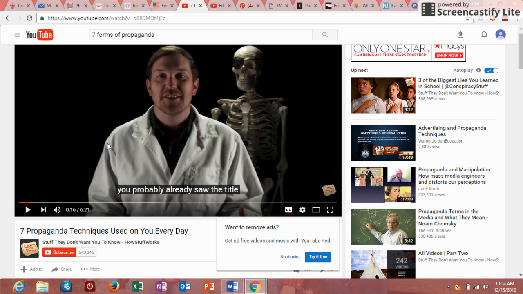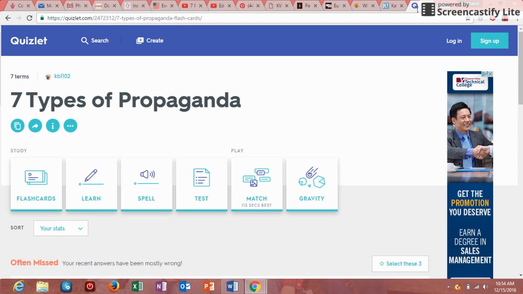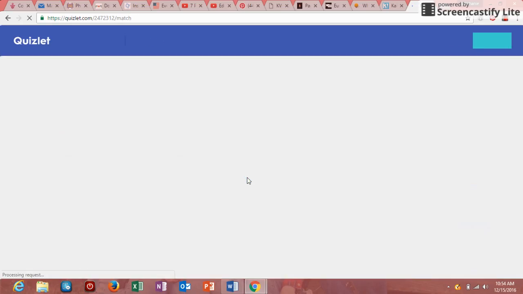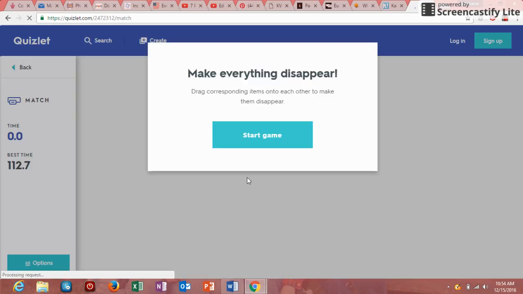And then we would follow up with Quizlets, using that with matching or with gravity, and those are 2 fun types of assessments where I could see how well they were able to remember the terms that we are going to be going over in class.